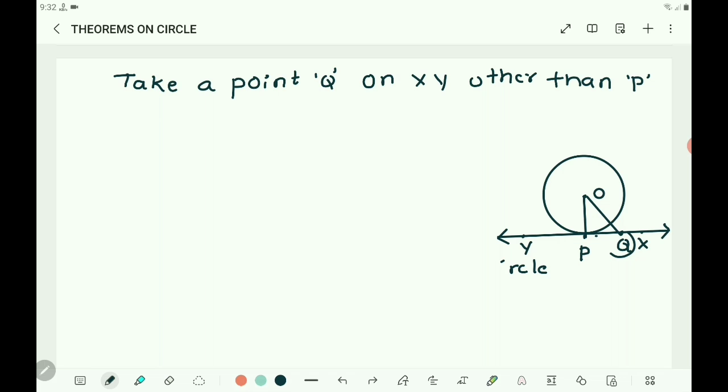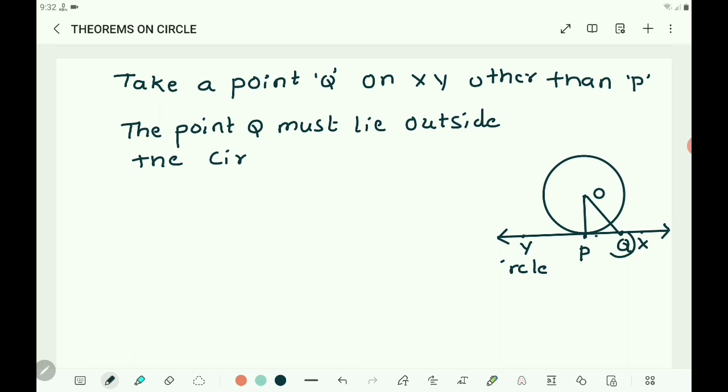So you write that the point Q must lie outside the circle. Reason? Because XY is a tangent.